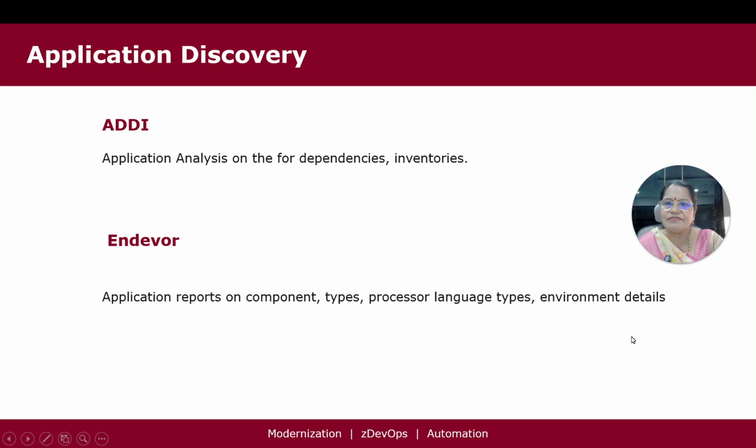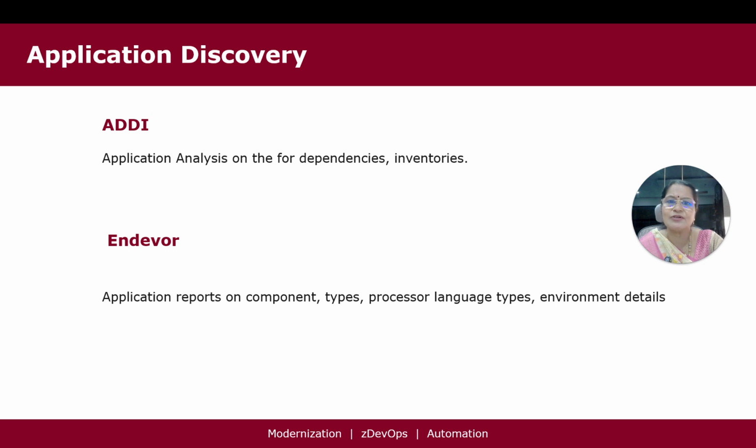Let's say, for example, when we have an application, I'm going to take banking as a sample application. To understand the existing application volume and types, different components, language type, dependencies, we can go ahead with ADDI for application analysis to figure out the inventories and dependencies, and the different types available. You can get all types of reports from ADDI: program dependency, transaction dependency, data dependency.